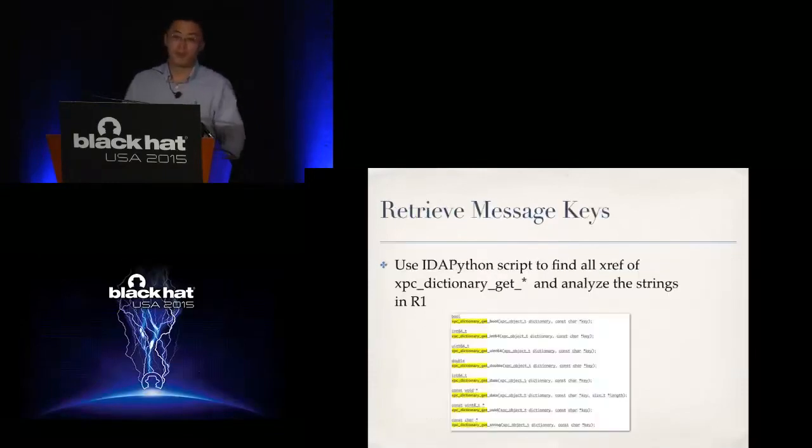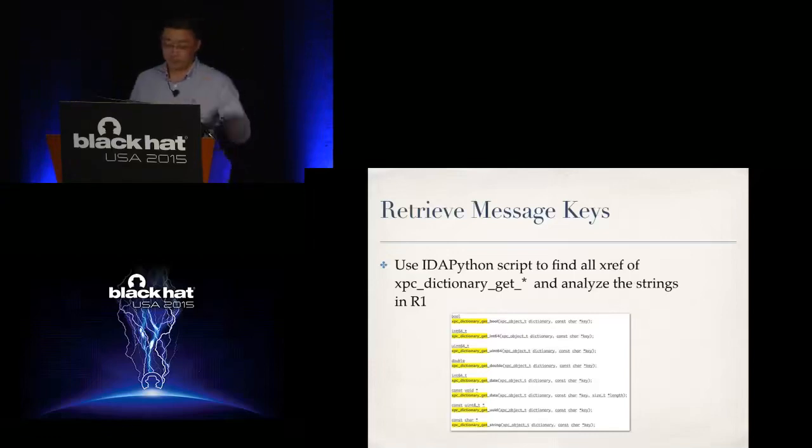The much harder thing is how to construct the message, because the server side only retrieves the objects using keys. The keys are predefined. If you don't know the keys, the server side won't process your message. The good news is the XPC APIs provide a set of retrieve APIs for getting the objects through the keys.